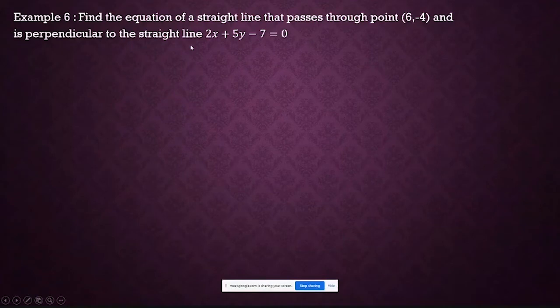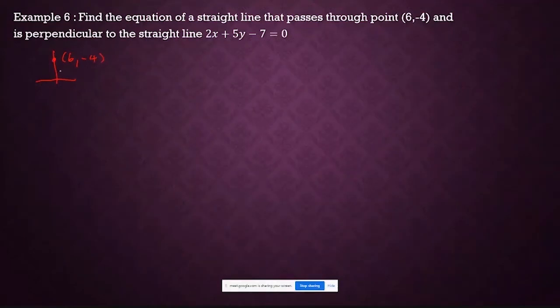Okay, so the situation is like this. The line passes through this point. I draw the line here. So this is (6, -4).